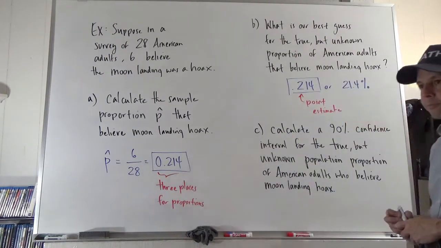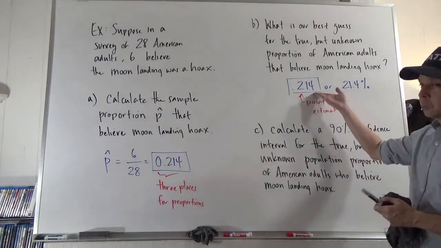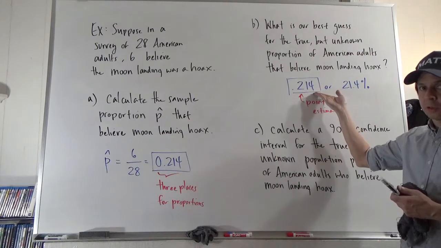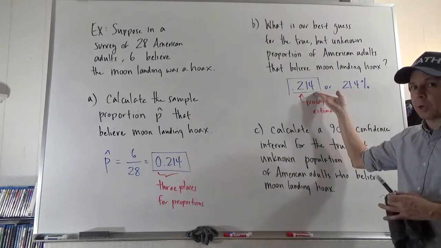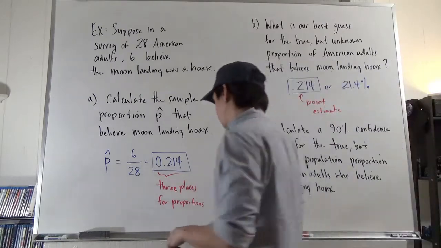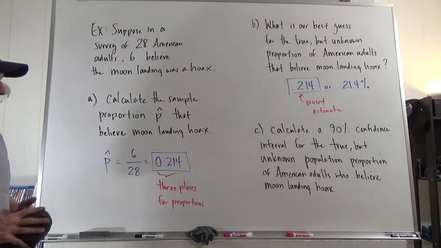Okay. So our best guess is 0.214 for that proportion of all American adults that believe it. It's probably not accurate. It's a very small sample size. It could be way off. It could be a little bit off. But we're going to make a 90% confidence interval and talk about that.